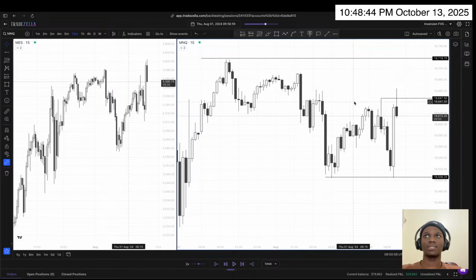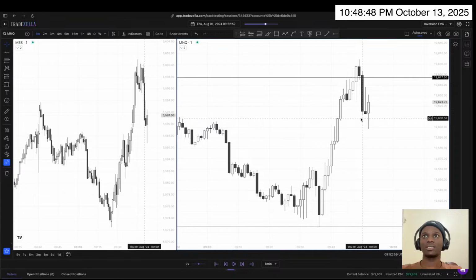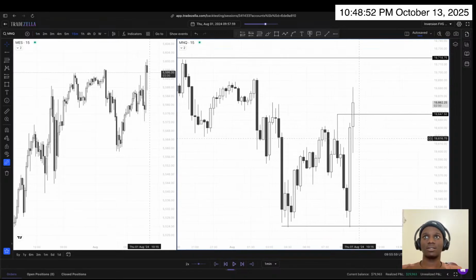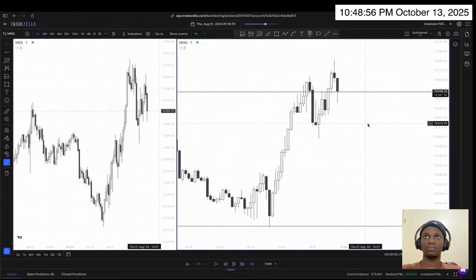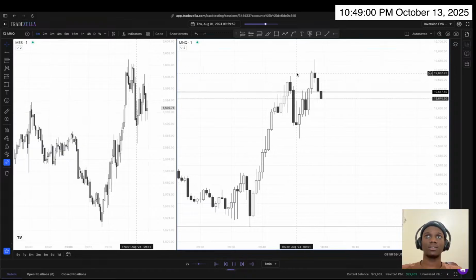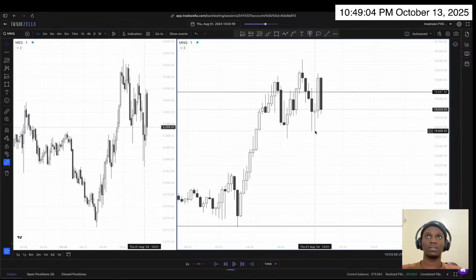And now price is starting to reject. I think it's probably going to do some kind of rebalancing here. Okay. It's an SMT there. SMT there.